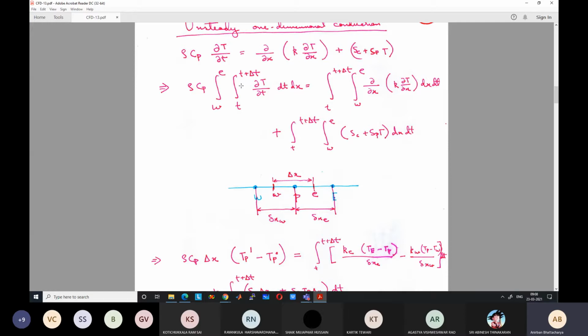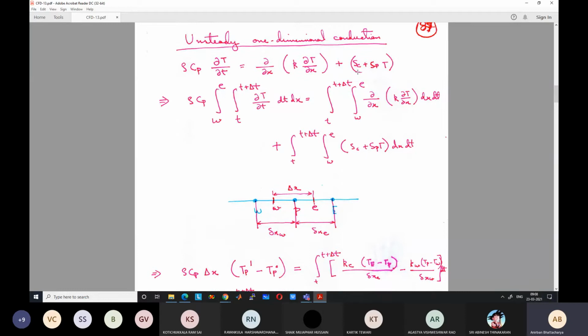The main difference was that for all the other terms except this unsteady term, how to take the temperature values, because the temperature is now changing from one time step to the next time step, and you are calculating the diffusion terms and source terms.